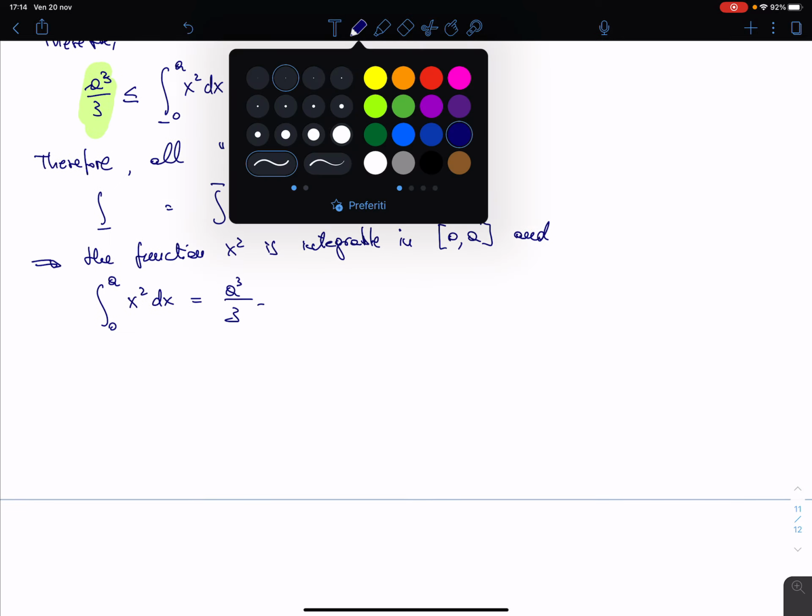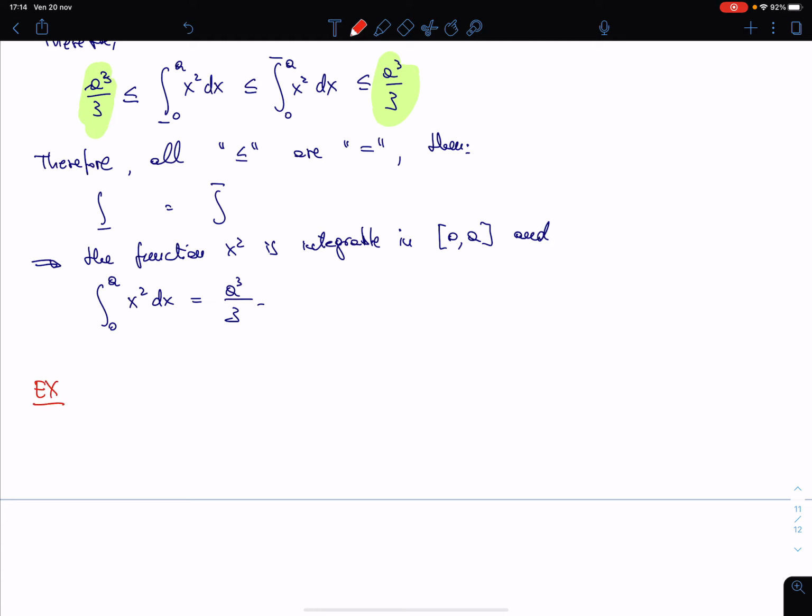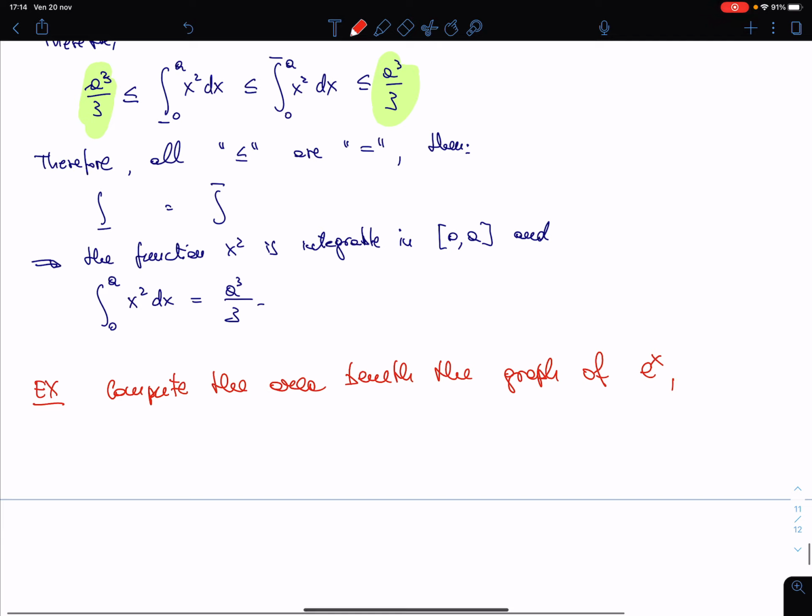Second example. As an exercise, you can try to do it. Compute the area beneath the graph of the exponential between the points x equal to 0 and x equal to a larger than 0.